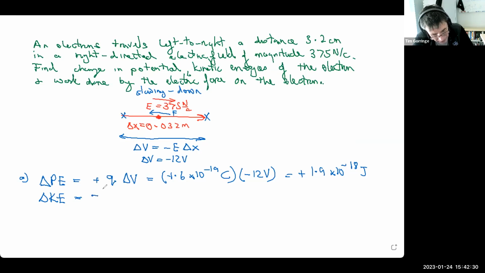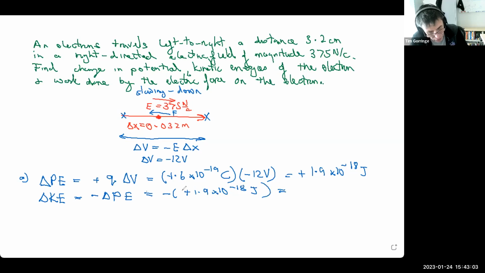And so it's energy conservation that tells us that the changes in kinetic and potential energy are equal and opposite. So the change in kinetic energy is minus the change in potential energy. And so all I've got to do is fill in my change in potential energy. It was plus 1.9 times 10 to the minus 18 joules.